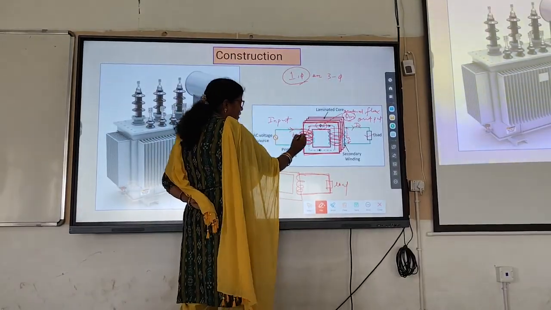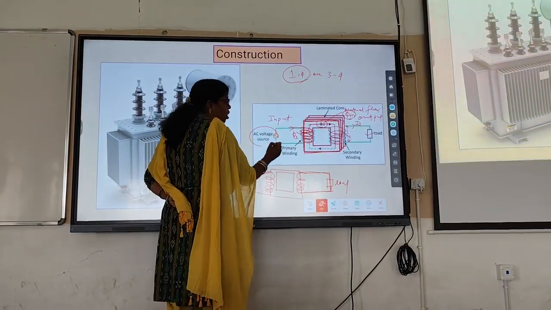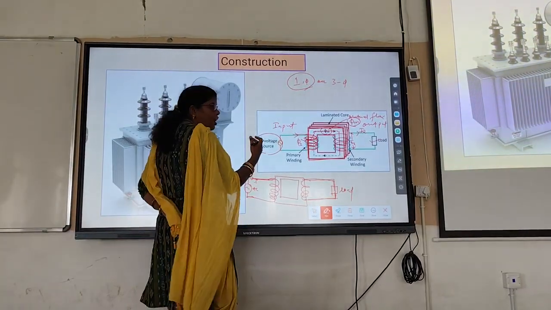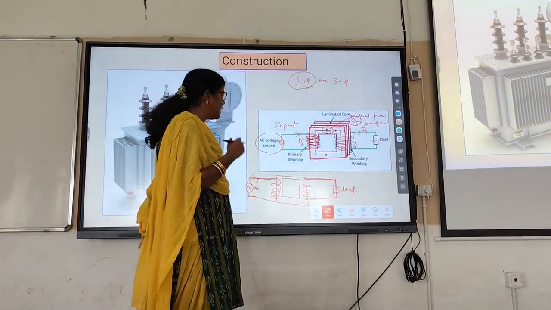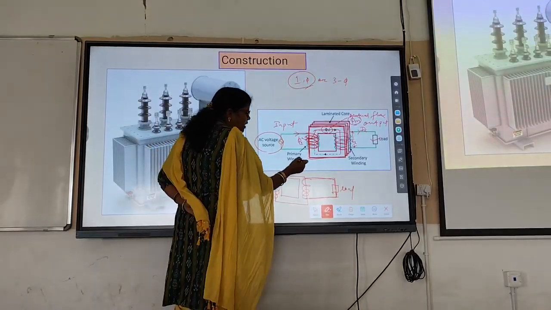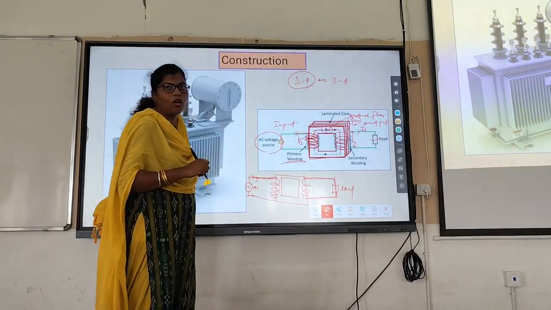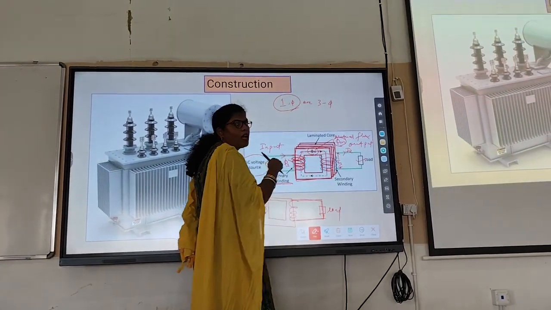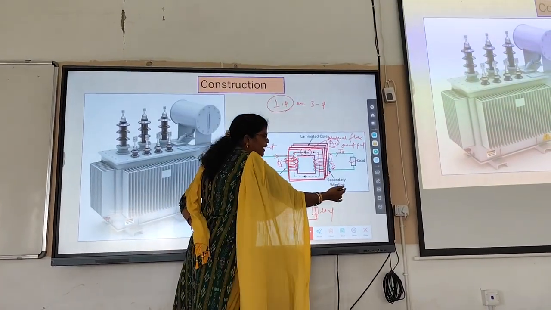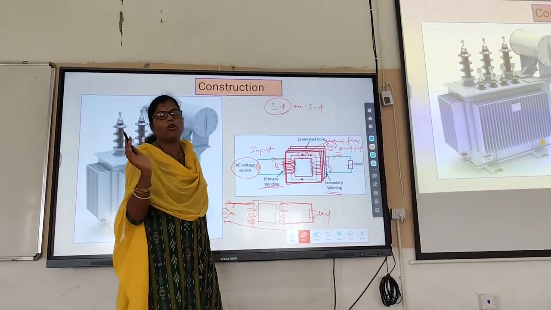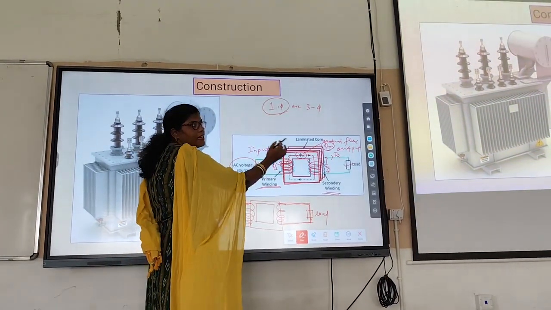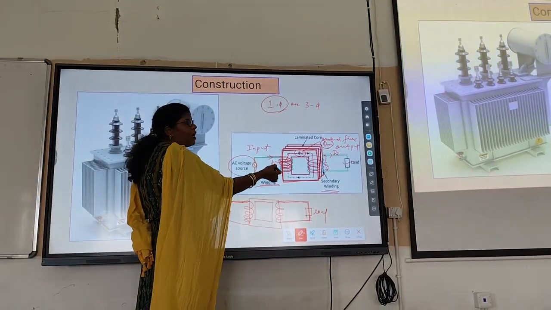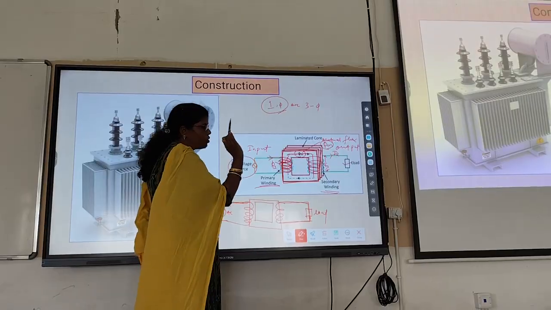The winding which is connected to the supply side and gets supplied from the electrical source is known as the primary winding. The other side, which is connected with the load, is known as the secondary winding. Don't get confused between primary and secondary. Primary means it will get supply or act as an input source.